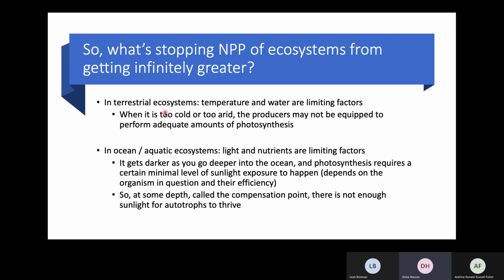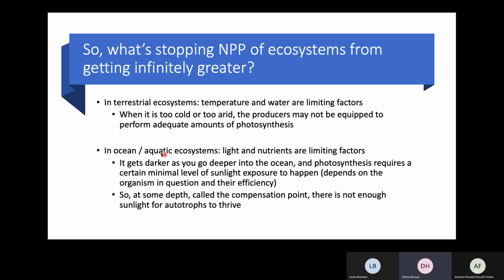They're sensitive to changes in pH, changes in temperature, all these things, right? So if it's too dry or too cold, then this could affect the efficiency of the enzymes that are used to perform photosynthesis. And so that's why you could be limiting the amount of photosynthesis that you produce based on those factors. That's why these are limiting factors in terrestrial ecosystems.